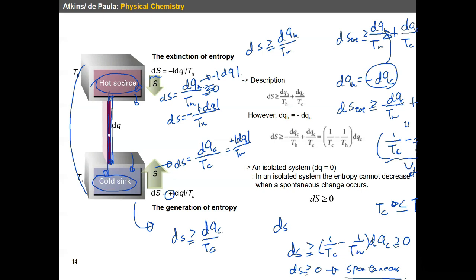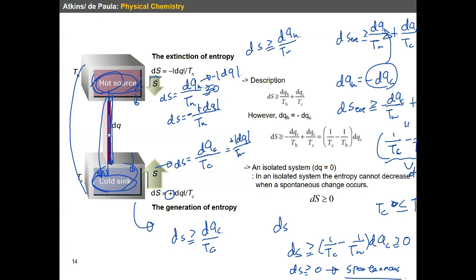Okay, so if we link this hot source with a cold sink, the spontaneous change of the system is the heat transfer from this hot source to this cold sink. So that kind of process is spontaneous. This is actually common sense, right?